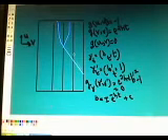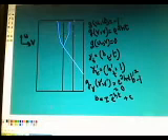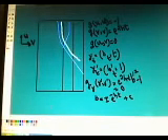As he's looking at his neighbor, so let's say this is his neighbor right here, the subsequent geodesics will all be the same one, just translated over as time passes.